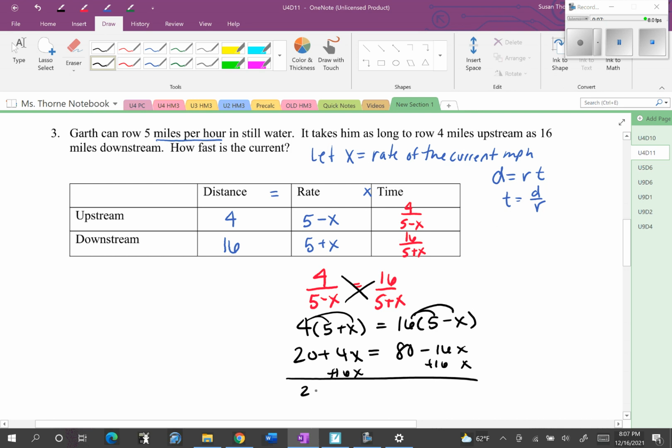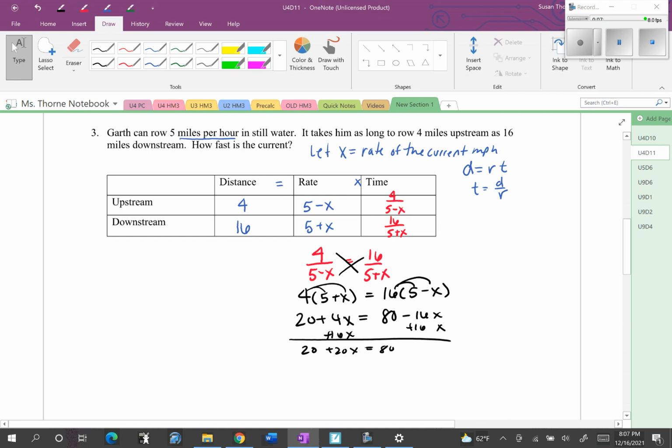So that gives us 20 plus 20x equals 80. So then subtract the 20. So 20x equals 60, divide by 20, and x is equal to 3.